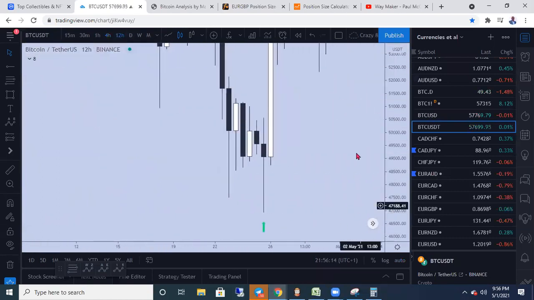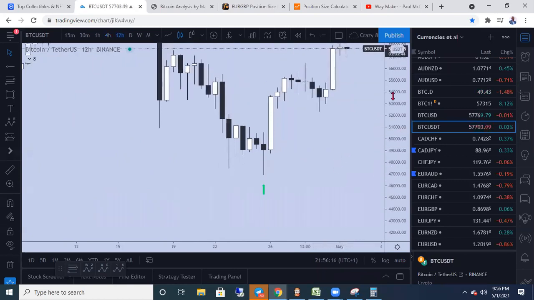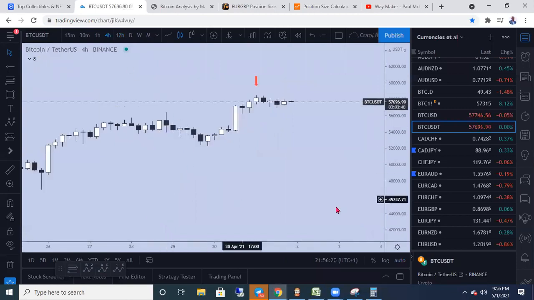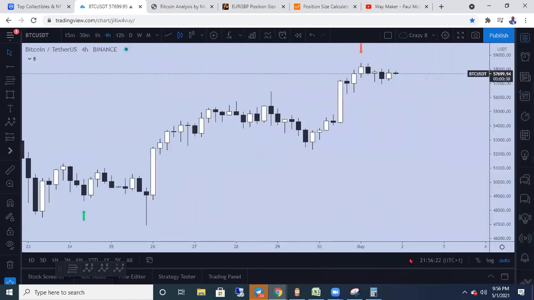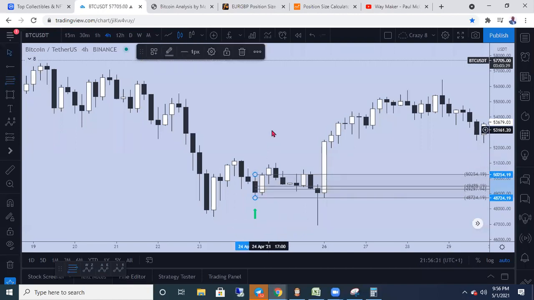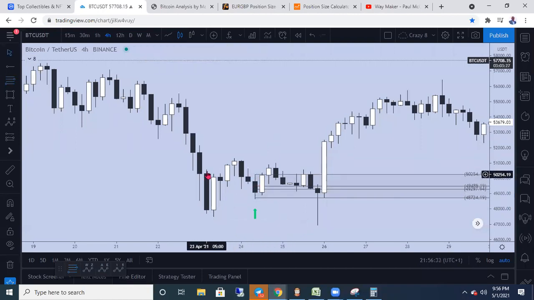I love trading those things on 12 hours, or let's use H4, no problem. So here we have H4 bullishness here, right? And this bullish candle here is reacting off of this AQZ qualifying candle.